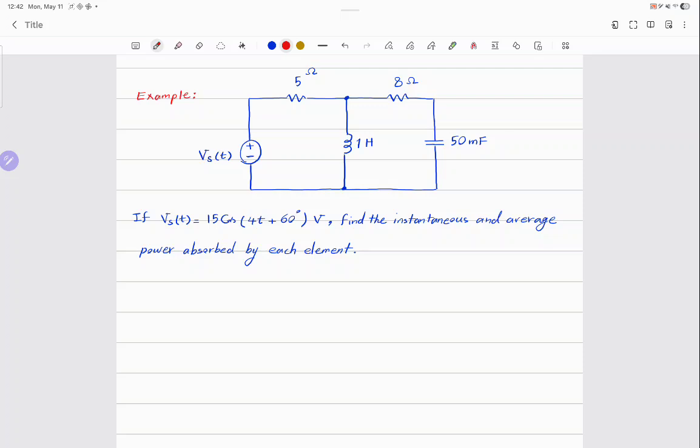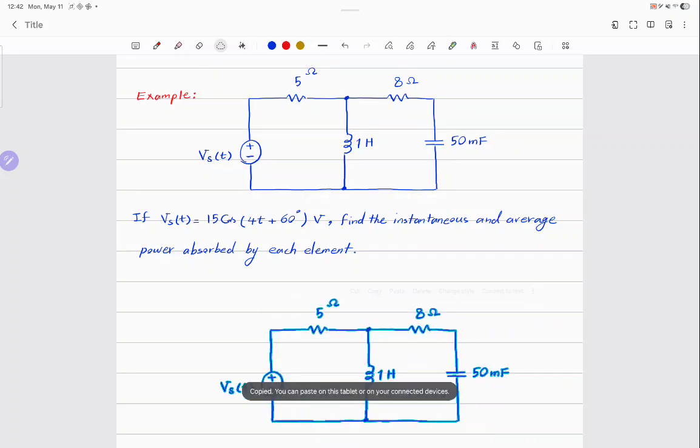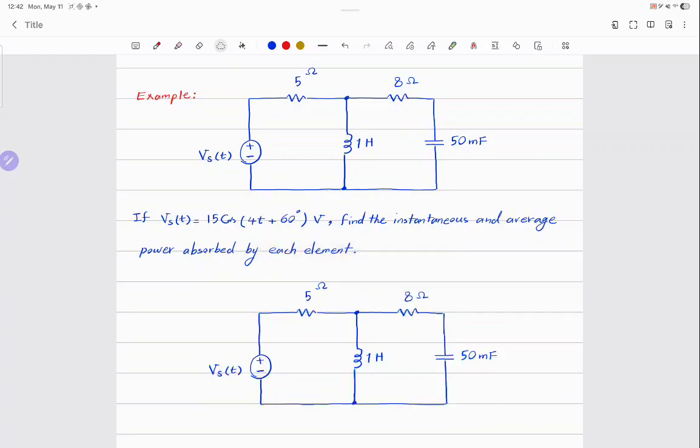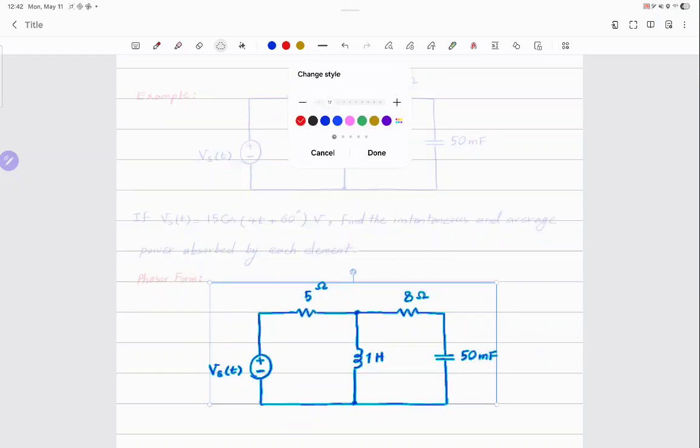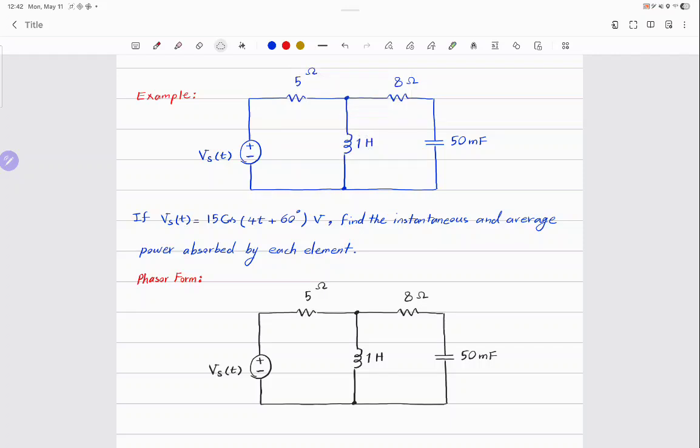Take everything into phasor form, okay? By everything, I mean every element, every voltage, every current.